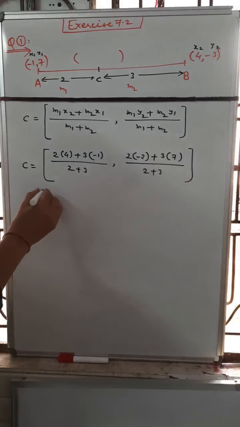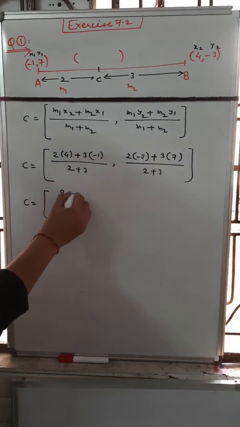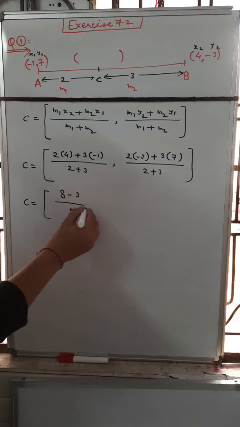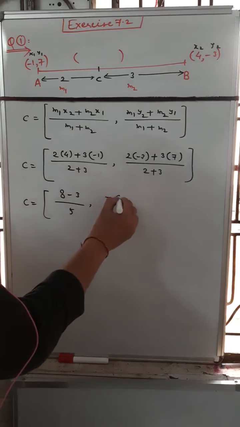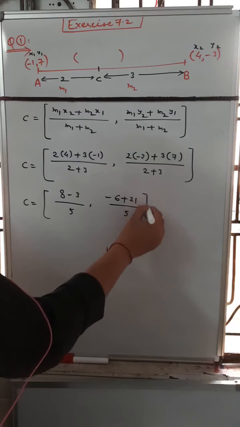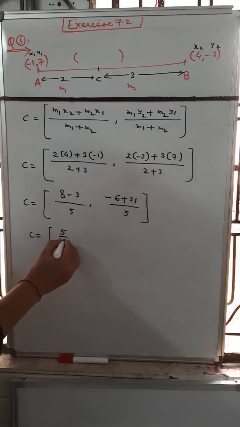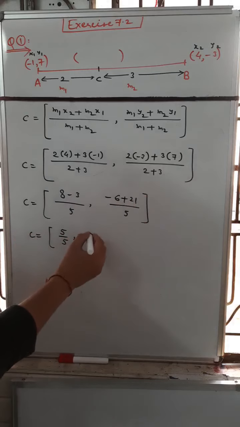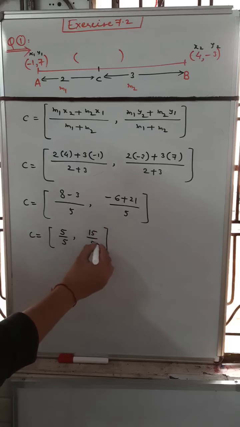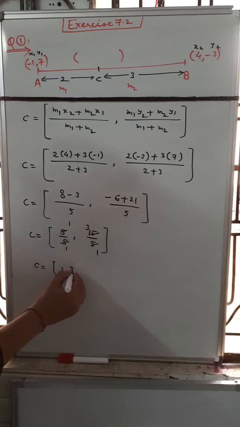Now the coordinate of C: 2 fours are 8, 3 ones are 3 but with minus, so 8 minus 3 is 5, over 3 plus 2, 5. And 2 times -3 is -6, 3 sevens are 21, so 15 over 5. So C is 5 by 5, comma, 15 by 5. Five ones are 5, five threes are 15, so C is equal to 1, comma 3.